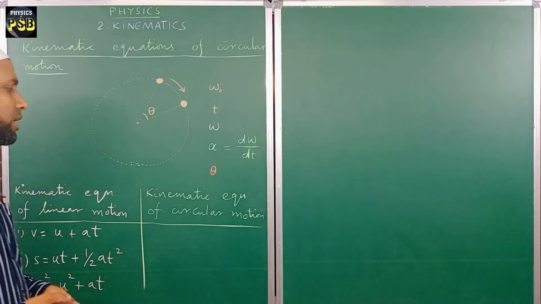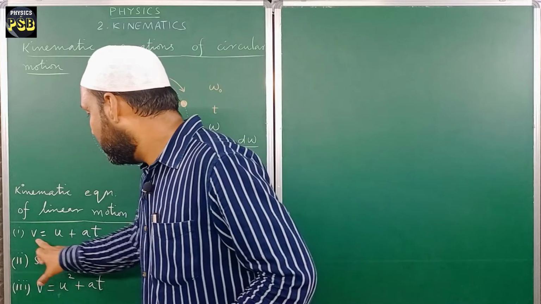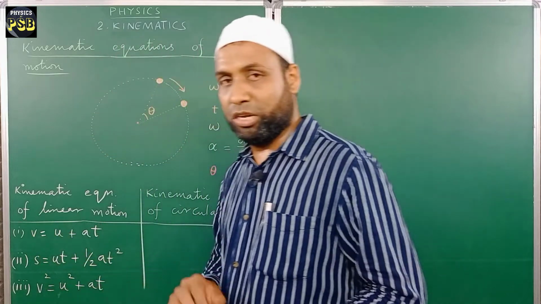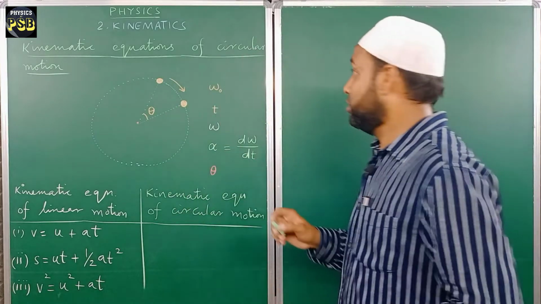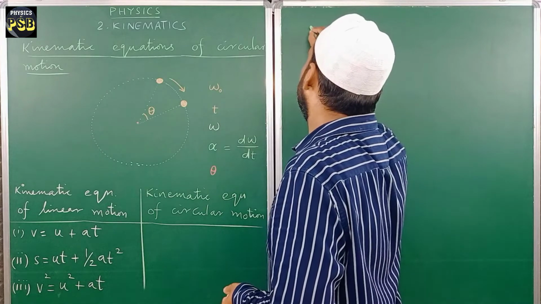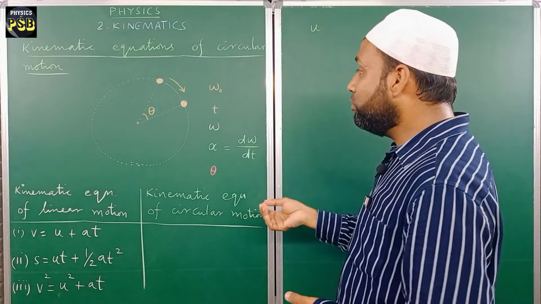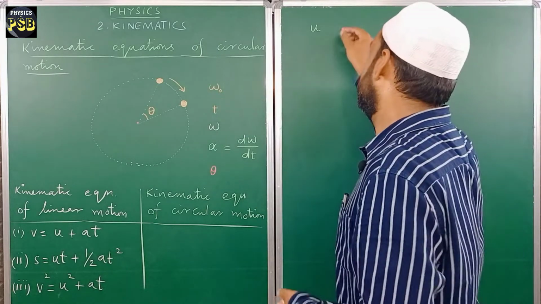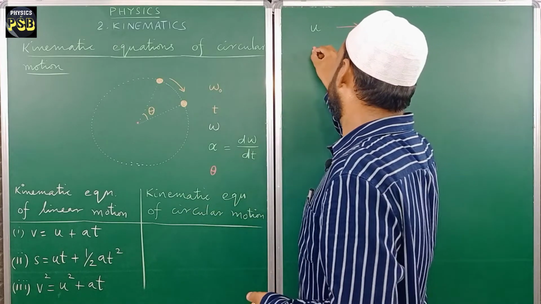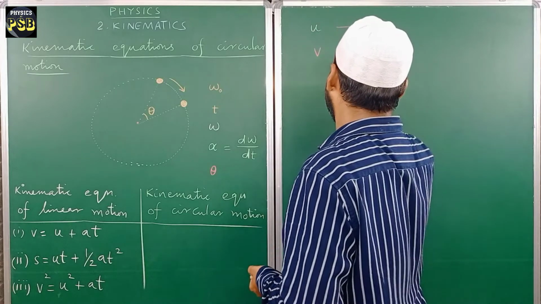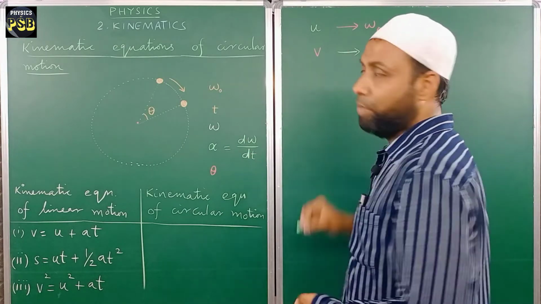Now, to get the kinematic equations of circular motion, we replace certain parameters present in these equations with their analogues. What are they? In linear motion, we have initial velocity, which is replaced with the initial angular velocity, omega naught, whereas the final linear velocity is replaced with the final angular velocity, that is omega.